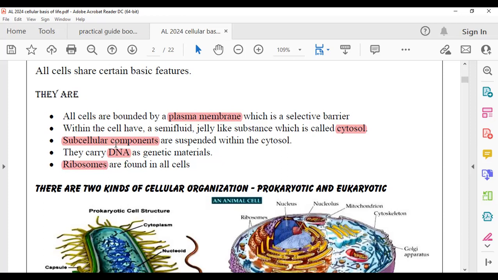So basically, what are the components making the cell, any cell?